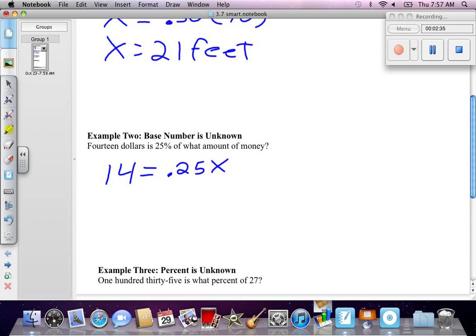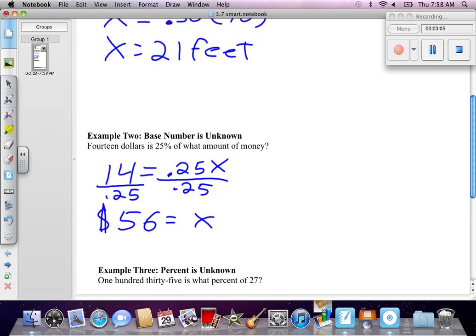How would we get x alone? Divide. Good. Divide both sides by 0.25. So I go 14 divided by 0.25, and I get 56 equals x. So $56. $14 is 25% of 56.